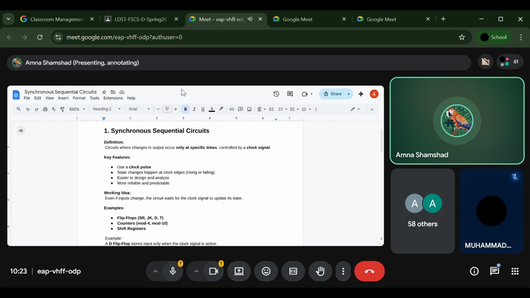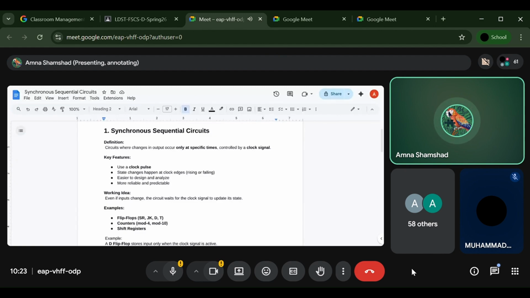Is this clear? Then we have two types of sequential circuits, synchronous sequential circuits and asynchronous sequential circuits. So the main question is what is the difference between synchronous and asynchronous sequential circuits?